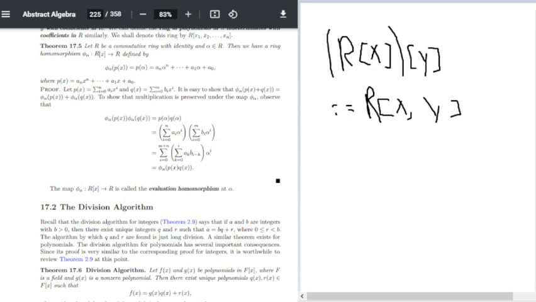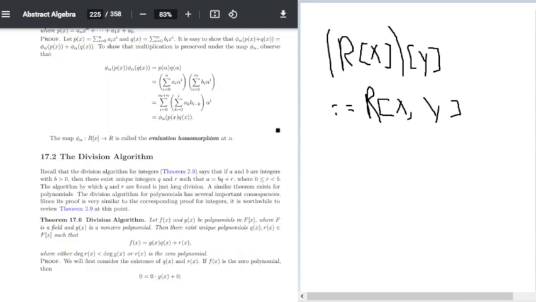To show that multiplication is preserved under the map phi sub alpha, observe that phi sub alpha of p of x times phi sub alpha of q of x is equal to p of alpha q of alpha, the sum from i equals 0 to n, a sub i alpha to the i, times the sum from i equals 0 to m, b sub i alpha to the i, is equal to the sum from i equals 0 to m plus n, times the sum from k equals 0 to i, a sub k b sub i minus k, alpha to the i, which is equal to phi sub alpha of p of x, q of x. It's just a fancy way of saying that multiplication works as expected. The map phi sub alpha from R of x to R is called the evaluation homomorphism at alpha.